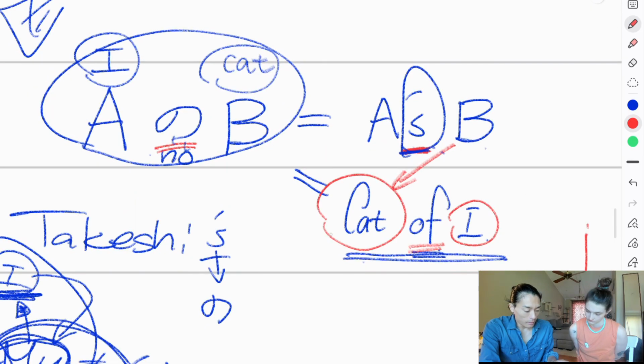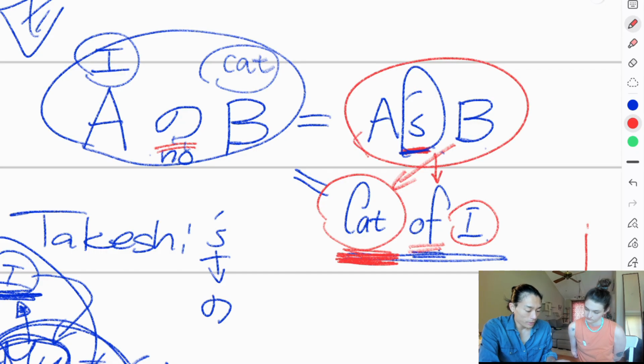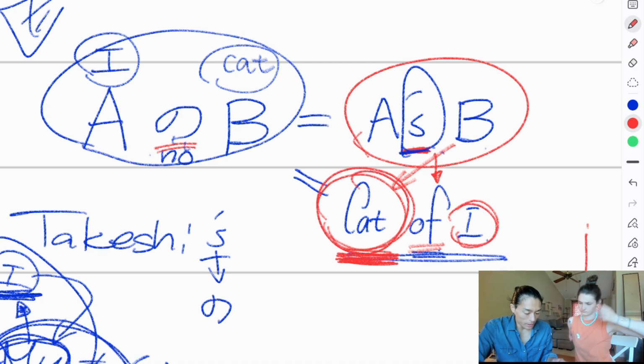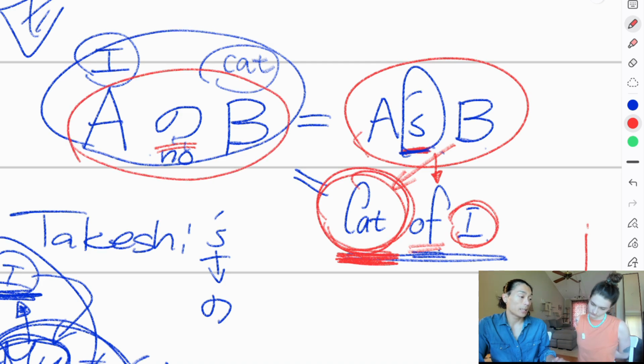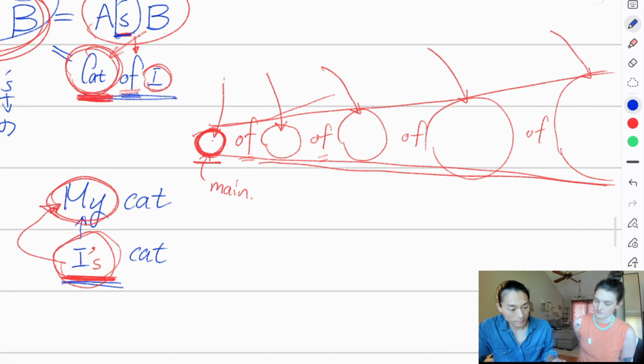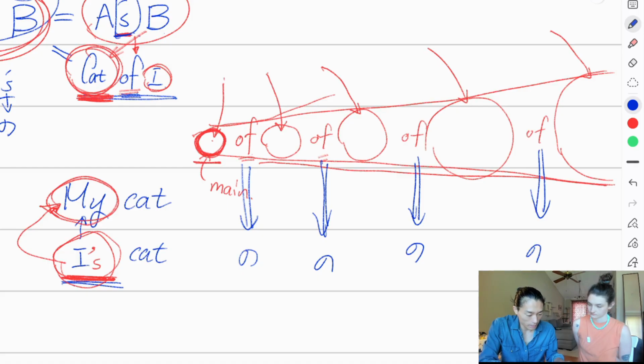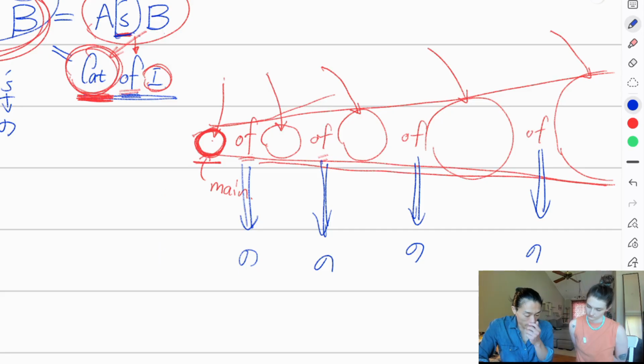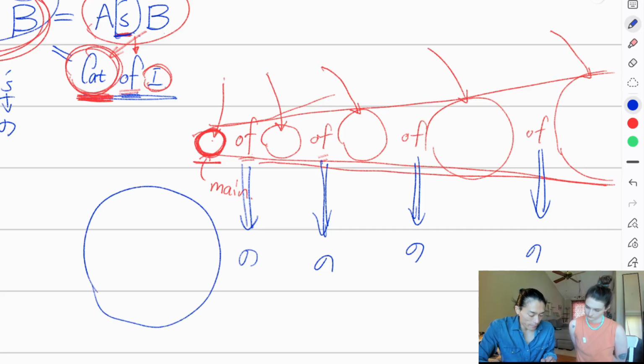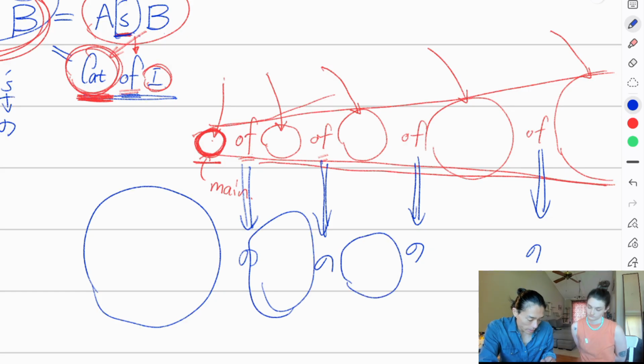Back to here, you came to the same conclusion. When we translate or paraphrase this using "of," we do have to change the order. What that means is, if I want to say the same thing, I grew up in Shingu of Wakayama Prefecture of Kansai area, in Japanese, using no, I have to start with the most vague information, then a little more specific info, and then the last noun is the main noun.